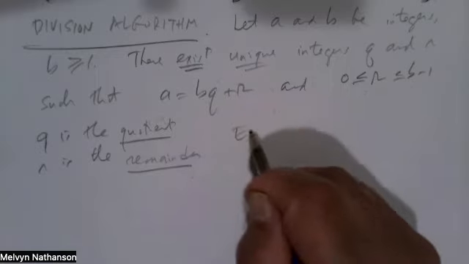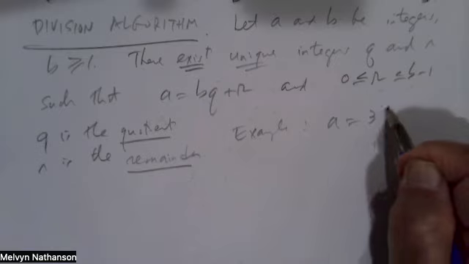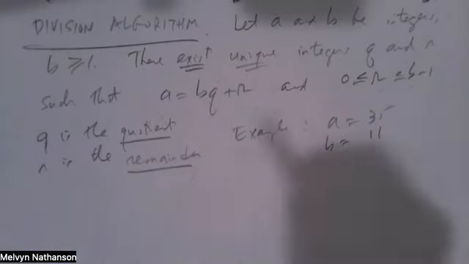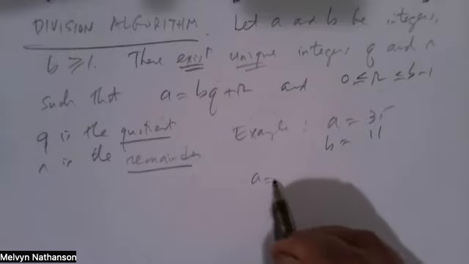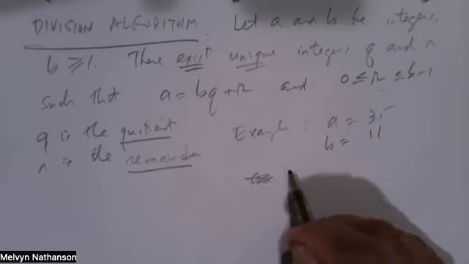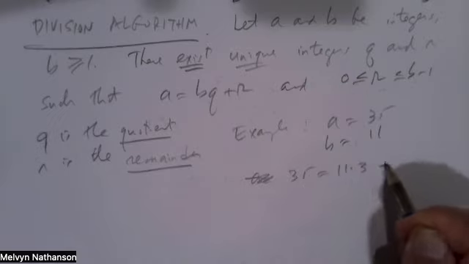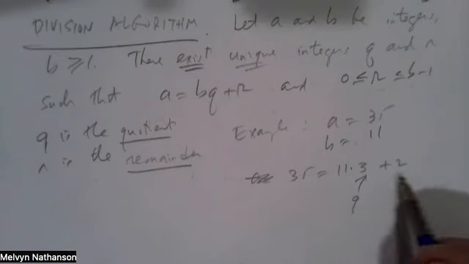So for example, suppose I take A equal to 35 and B equal to 11. Then if you divide 35 by 11, 35 is 11 times 3 plus 2. So my quotient is 3, and my remainder is 2, right?